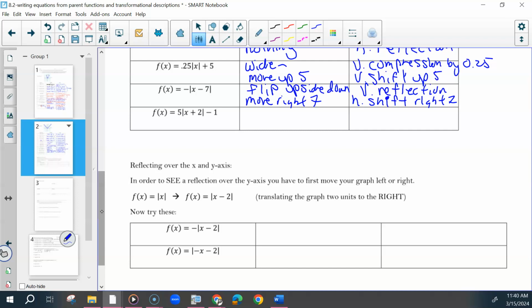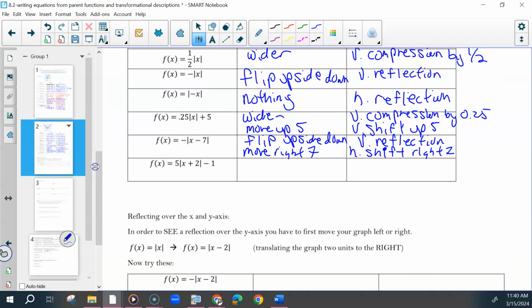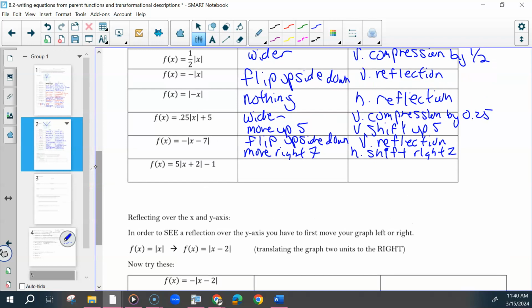What happened in the last one? Would it get wider? So compare it to the other ones. Would it get wider? No. It would get narrower because it's the 5.